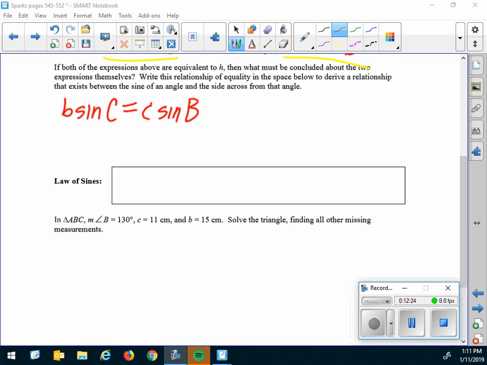Now we're going to take that equation right there, and we're going to divide both sides by little b times little c. Now remember, I can divide both sides of an equation by the same thing, provided that thing is not 0. How do I know b times c is not 0?